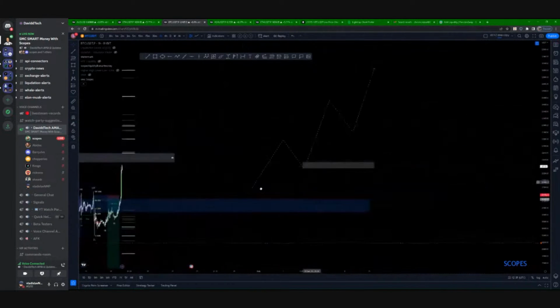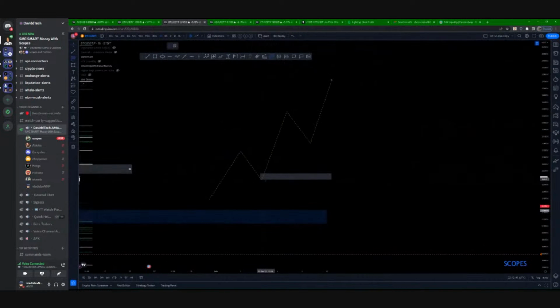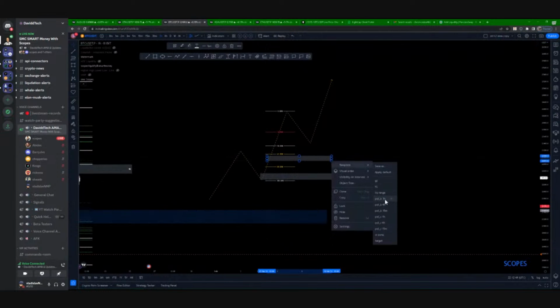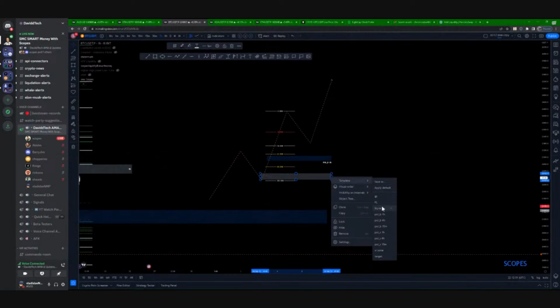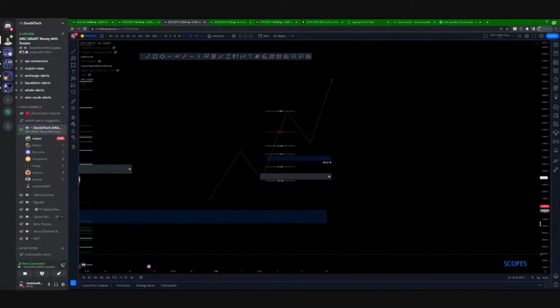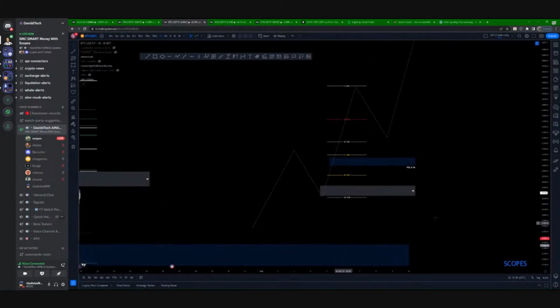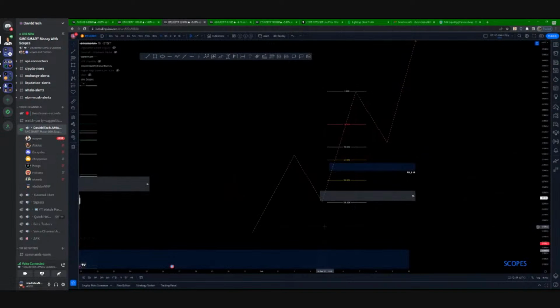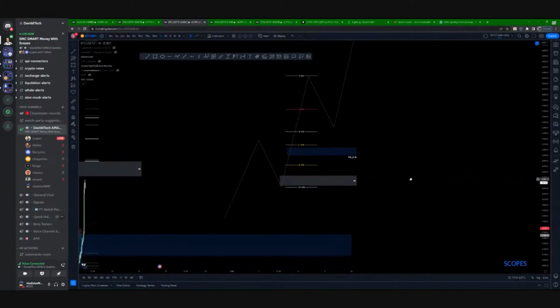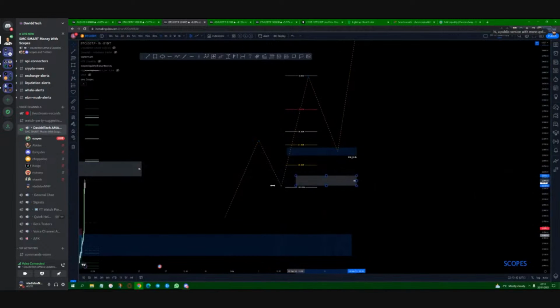But obviously, just to say you had a POI here, go and mark out the key level also, because if this one fails, the next spot you've got is like a second chance for it to go.